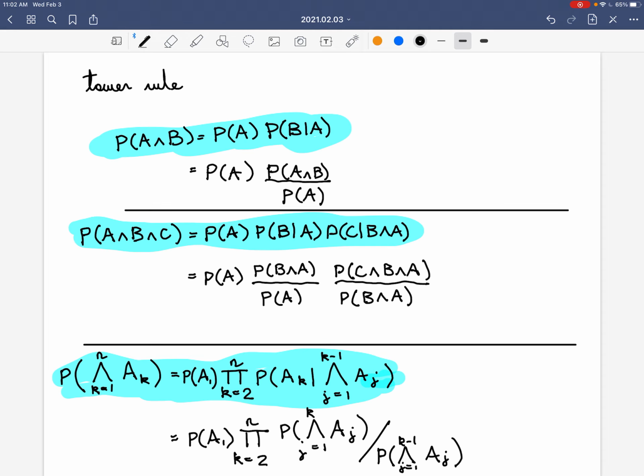And you keep taking the conditional probability of the next event given the conjunction of all the previous ones in the list.